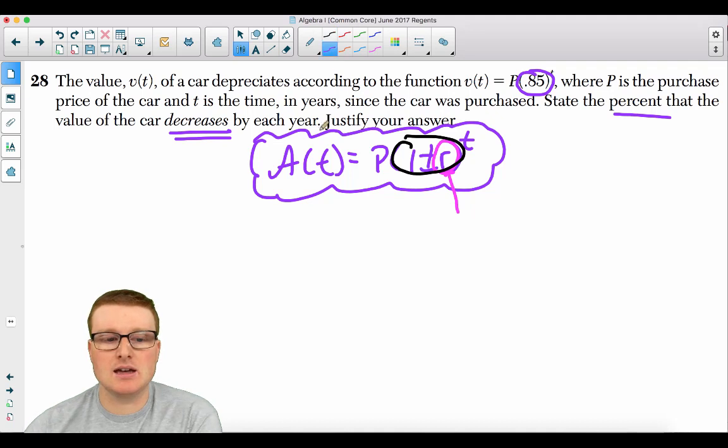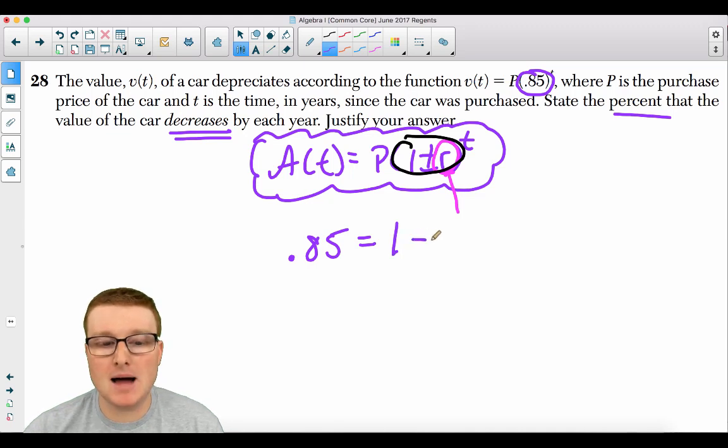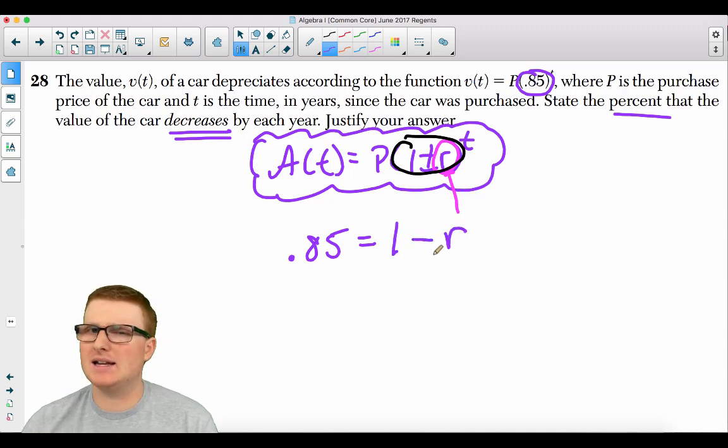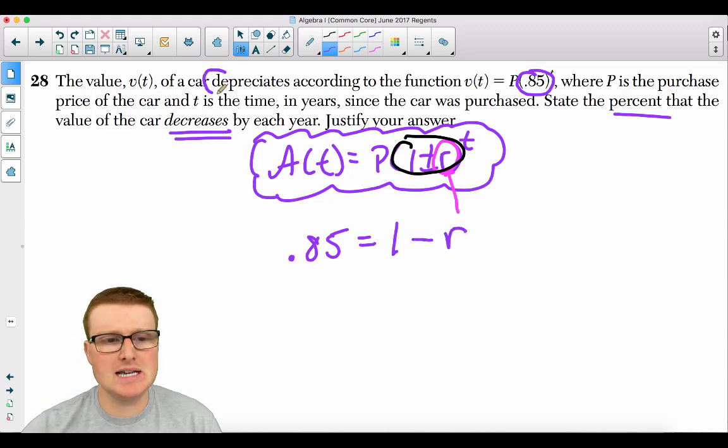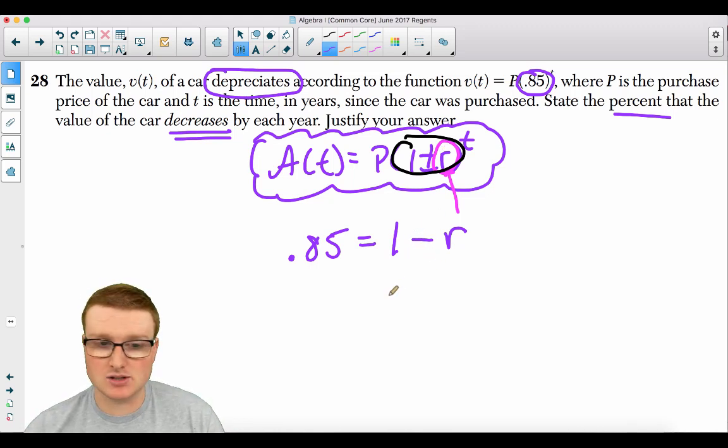You're taking the 0.85 and you're setting it equal to 1 minus r. Why minus and not plus? Because you're depreciating. You're decreasing the car's value. So it's not appreciating. It's not going up with a plus. It's going down with a minus.